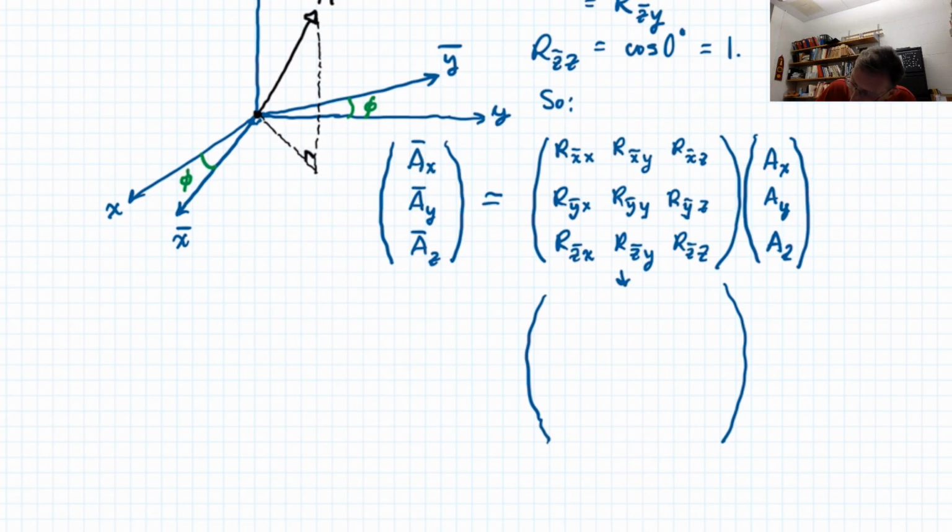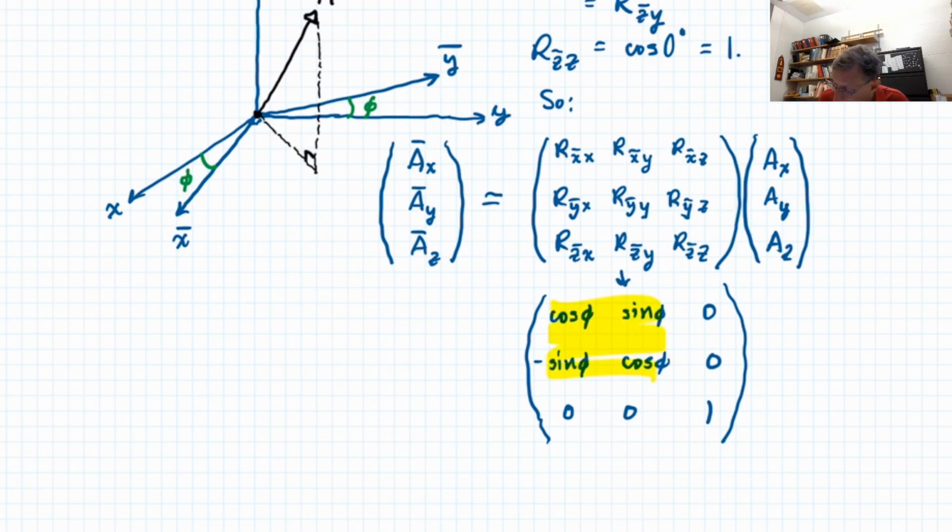The elements are cosine phi, sine phi, 0 for the first row, negative sine phi, cosine phi, 0 for the second row, and 0, 0, 1 for the third row. Note that this upper left quadrant is exactly what we had in the two-dimensional rotation case. And then the new row we have here is a very simple one, 0, 0, 1, because we rotated about the z-axis.